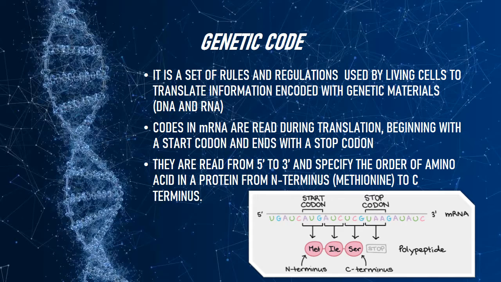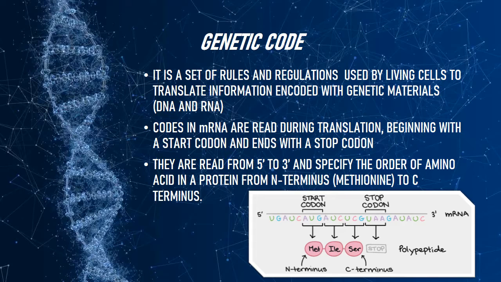Now, coming to our main topic, genetic code. It is a set of rules and regulations used by living cells to translate information encoded within genetic materials, that are DNA and RNA. Codes in mRNA are read during translation, beginning with a start codon and ending with a stop codon.